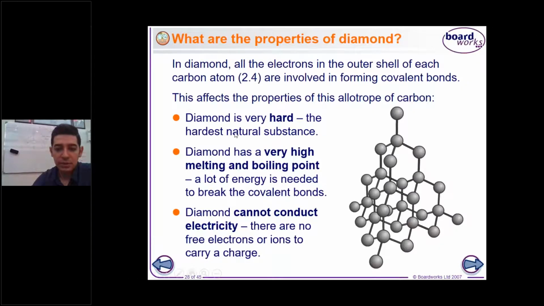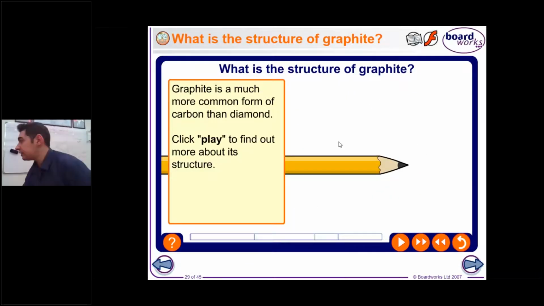This was the diamond. Let's go to graphite. Again, I will repeat it for you. Silicon dioxide and diamond, both of them have high melting and boiling points. They are hard. Diamond is the hardest natural substance. And they do not conduct electricity.